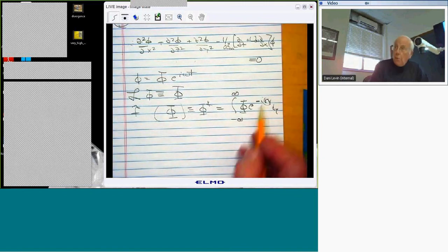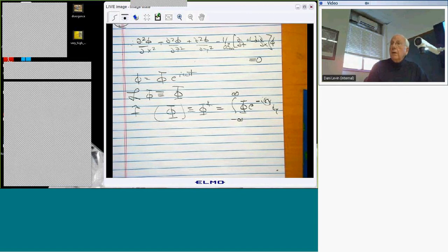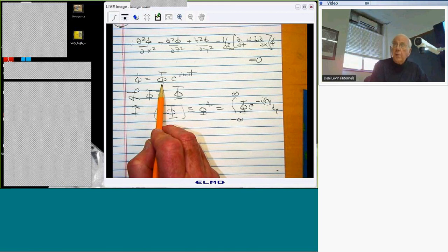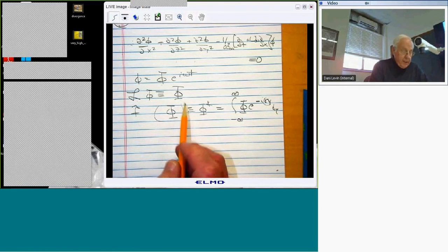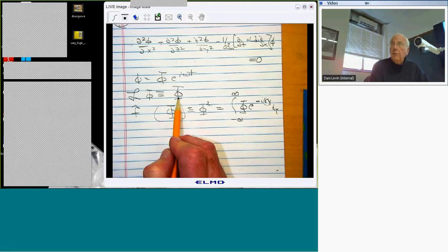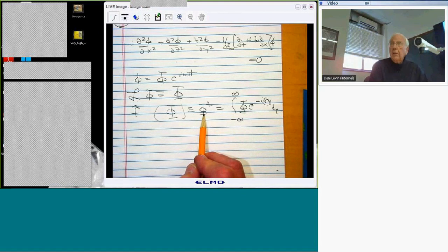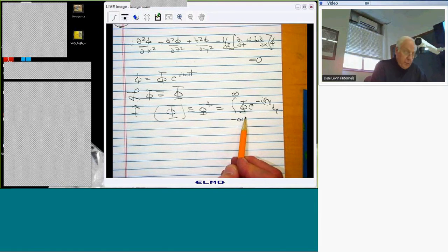Are we transforming capital phi over this? Well, we're doing this. That gives us the phi bar. We're taking the Laplace transform phi bar. That gets us to capital phi. Now we're taking a Fourier transform of this, and I'm going to call that phi star, and that's by definition this. Remember what we ended up with before?